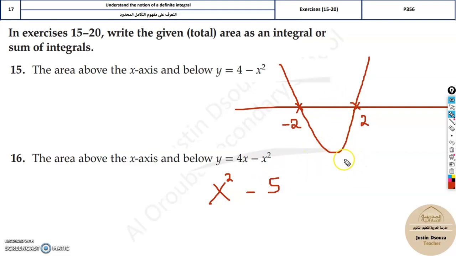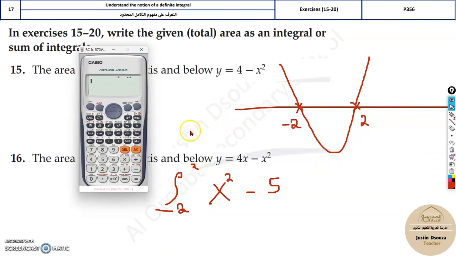Now over here, let us find the area. How do we find the area? I don't want the entire area because the domain extends forever till all real numbers. I just need it from -2 to 2. These are my limits. Now let us check it in the calculator for one minute.